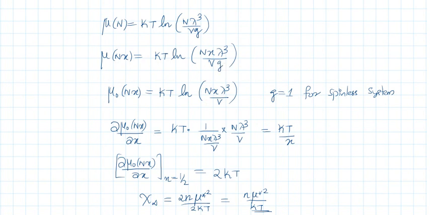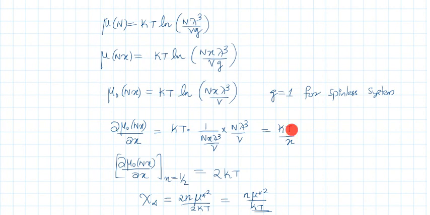Again, this is mu; for mu, you have to substitute g equal to 2. But for the spinless system, mu 0, in our derivation, it was mu 0. For mu 0 of nx, you have to substitute g equal to 1. It is kT log nx lambda cube by v. So dou mu 0 by dou x is kT into 1 by (nx lambda cube by v) into n lambda cube by v.